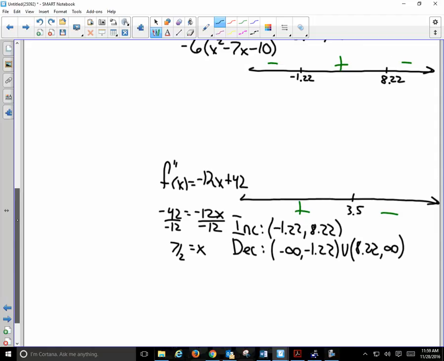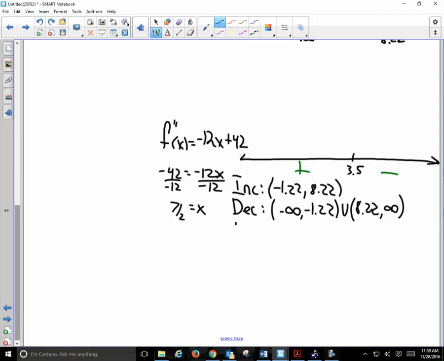Now I want to look at concavity. Which derivative do I look at for concavity? Second derivative. Concave up from negative infinity to 3.5. Concave down from 3.5 to infinity.